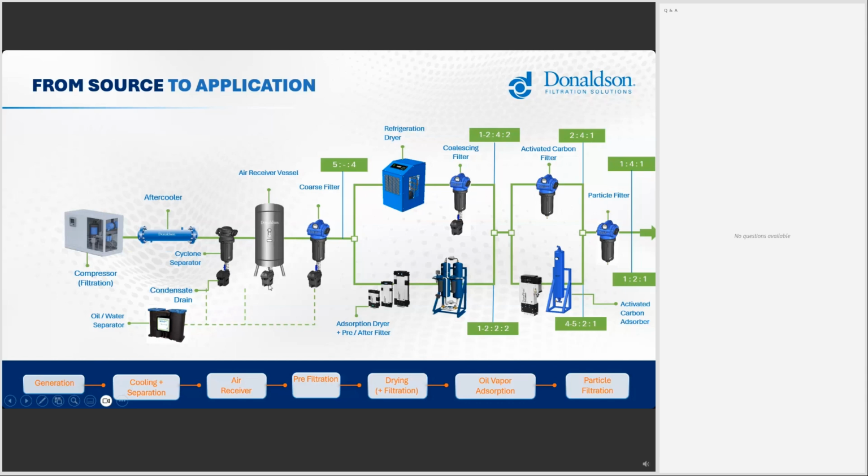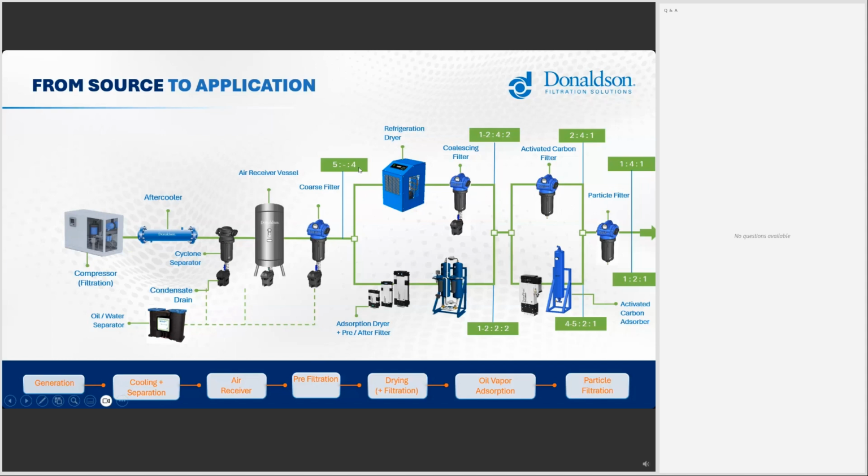Also here, it's important to have a condensate drain installed, especially if it is installed upstream of the dryer parts. And then our recommendation is that we add a pre-filter before we go into the more sophisticated purification area and purification processes like drying.